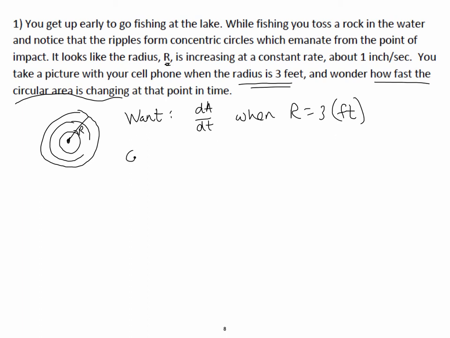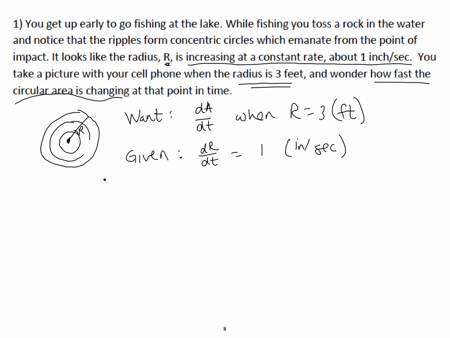Okay. What did they tell us in the problem? So r is increasing at a rate of about 1 inch per second. How can I express that mathematically? dr/dt equals 1 inch per second. Great.